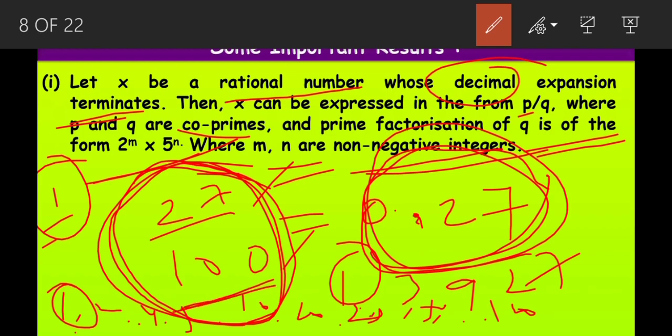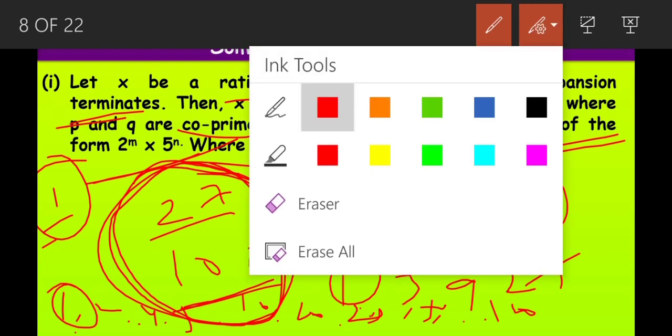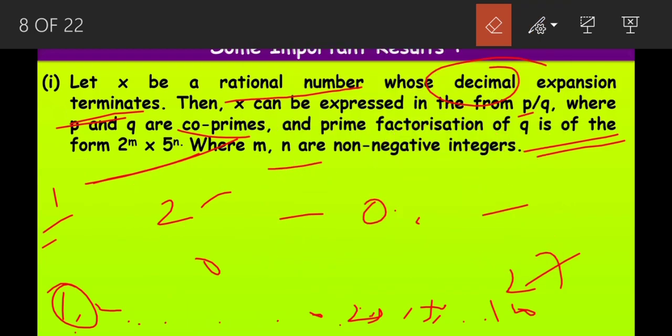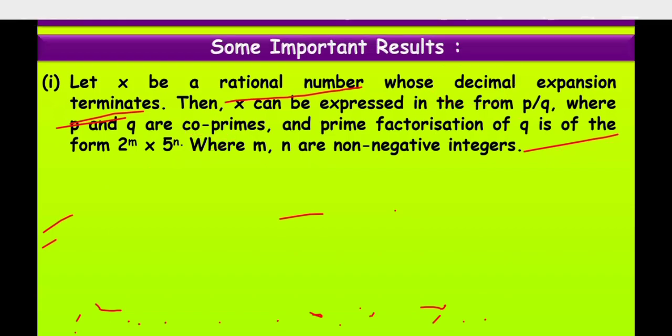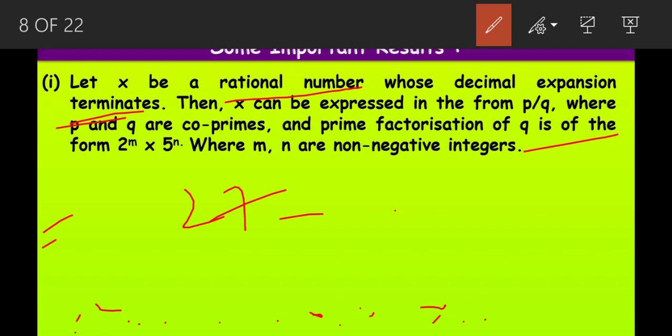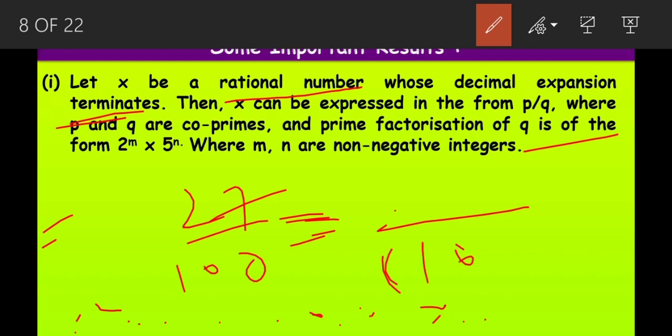At that time, this denominator 100 in 27 by 100 will be written in the form of 2 power m into 5 power n. So how to write 100? We can write it as 10 square. How to write 10? We can write it as 2 into 5.